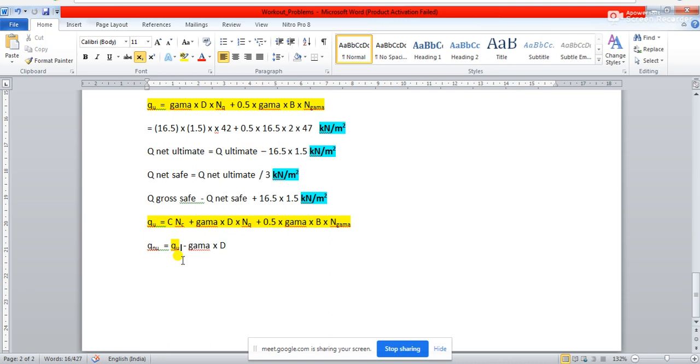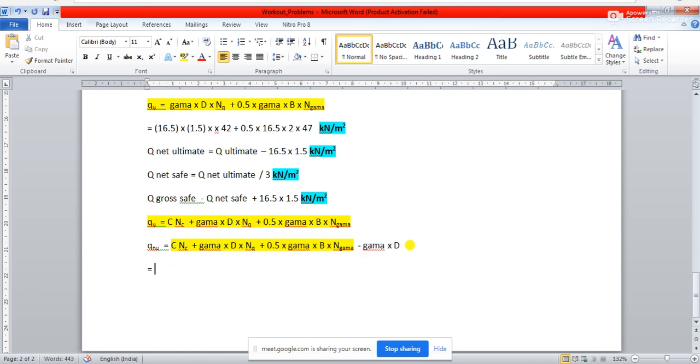That is Terzaghi, right? So what is being done? Ultimate bearing capacity is nothing but this one. If I do this and simplify, you see what I am going to get. There is a gamma D term here, there is a gamma D term here. Can you notice? So this equation in a simplified form, I can write in this way.